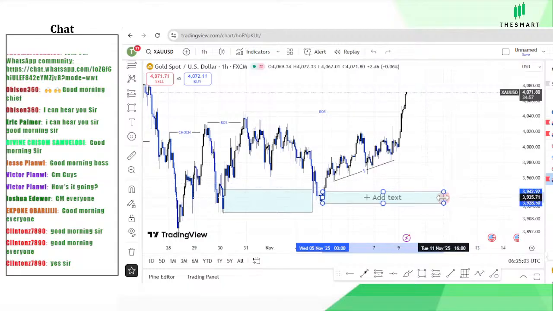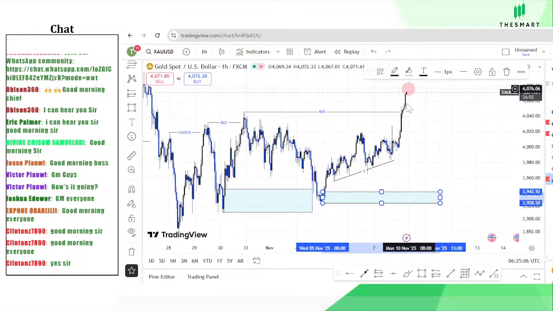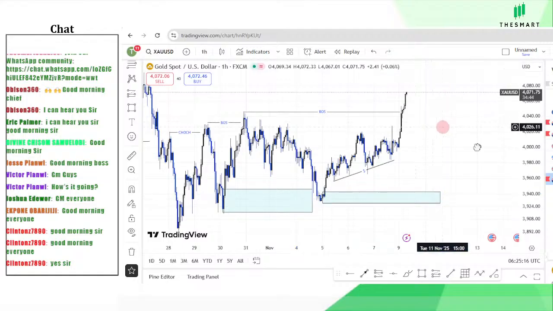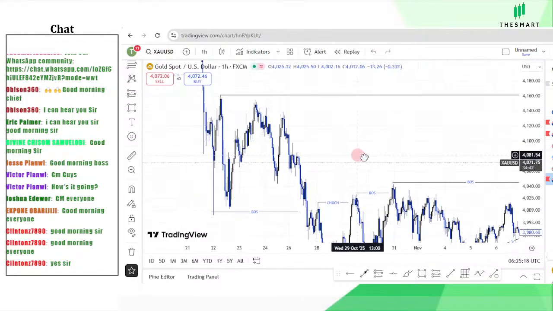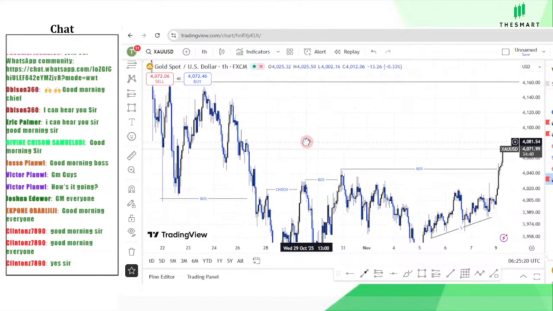It only takes something like a news event to drop all the way to this point. But nevertheless, this is my anticipation and bias. I want to see gold take out all of this liquidity and price drop into this level before continuing to the upside.